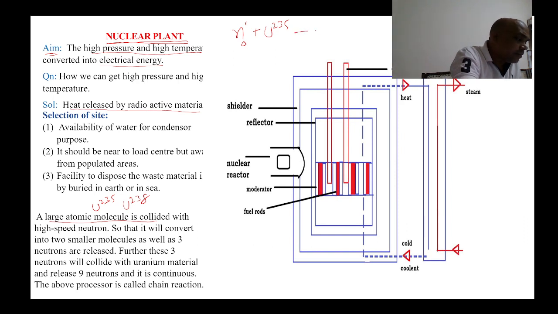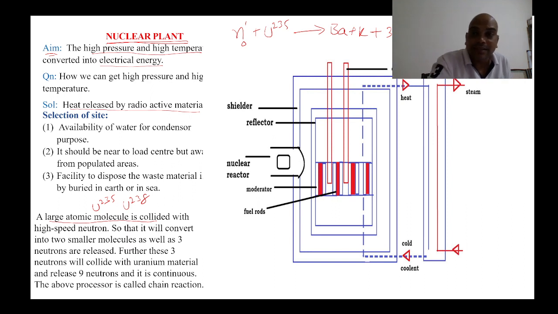What happens? It dislodges into smaller atomic molecules, that is barium and krypton, along with which it generates 3 more neutrons with high velocity and generates 200 MeV, which means heat energy.